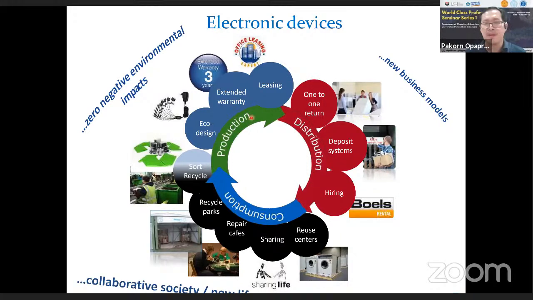If we do production of electronic devices, which is the major industry that can cause major concern in the pollution of the environment, the electronics industry, it should start from eco-design. If we want to make a product, we need to design from the beginning about the full cycle of the product that we use.